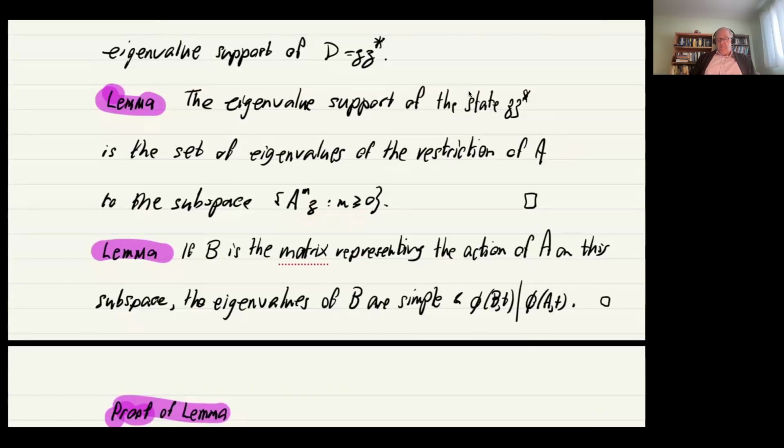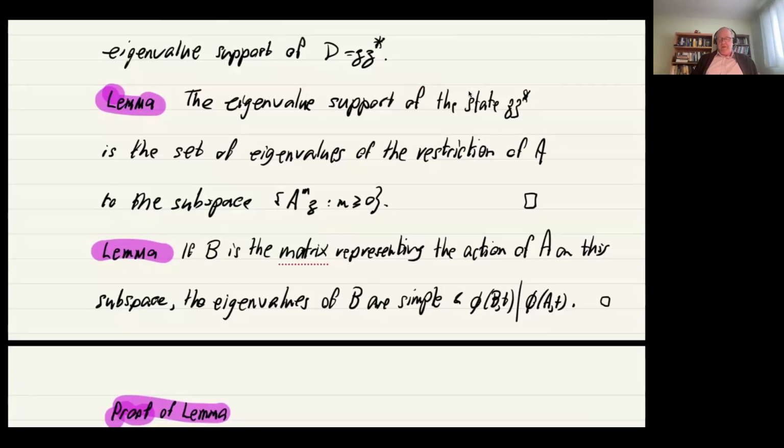The first thing is you've got to be a little careful. Technically, this is not a restriction. Normally that means you restrict the domain, but we're doing more than that. We're restricting the domain and the codomain, because we've got this subspace, and A maps vectors in this subspace to vectors in that subspace. So you've got an operation taking vectors in that subspace to itself, and so it's represented by a linear map.